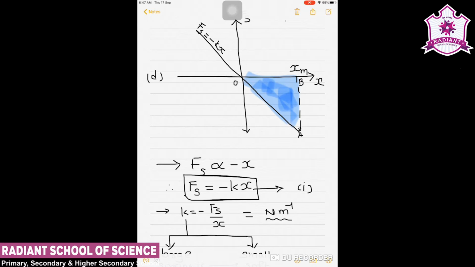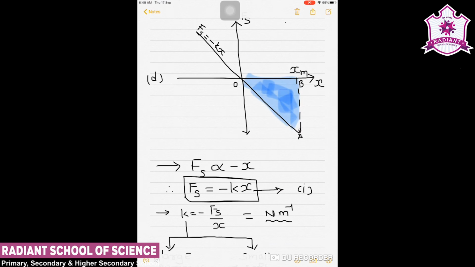Now the same is true when the spring is compressed with displacement x which is less than 0. Now the spring force does work as Ws equals minus kxc in that case.